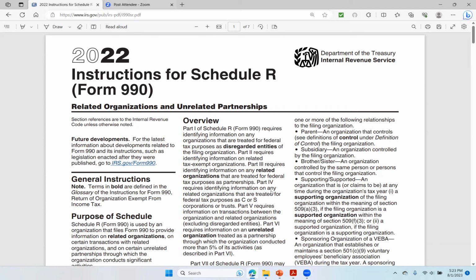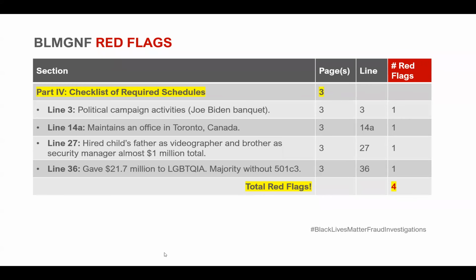So now we're back, and we are going to look at the red flags identified in Part 4, Checklist of Required Schedules, which is on page 3 of the Form 990 information return. I found the following red flags on line 3, on line 14A, on line 27, and on line 36. Total red flags for this part is 4.